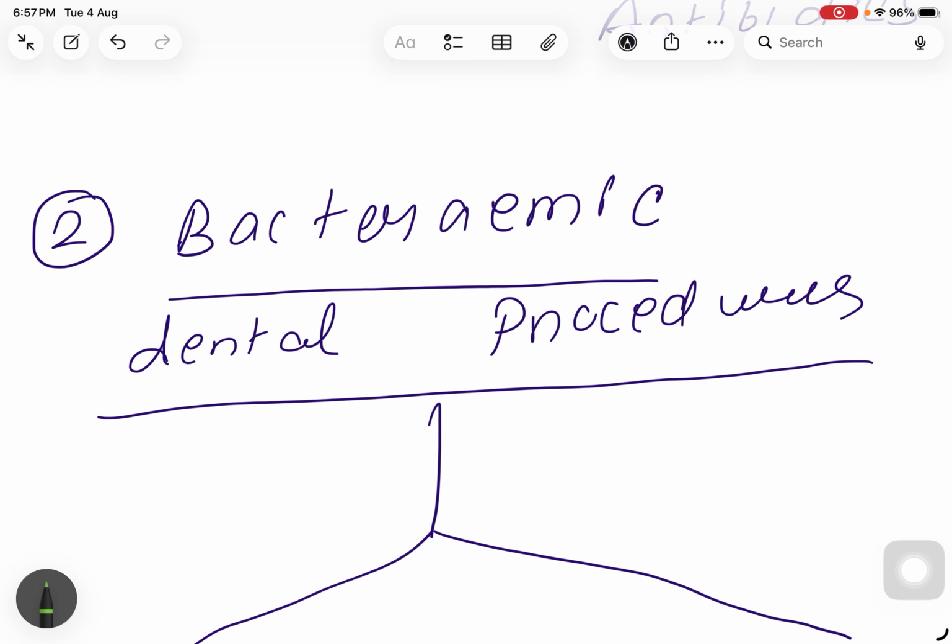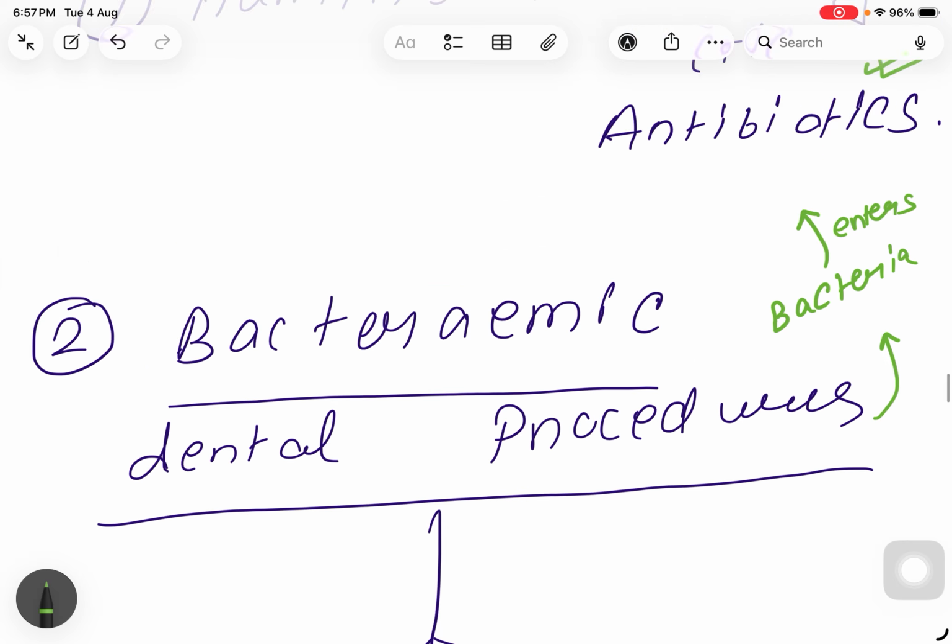Those dental procedures via which the bacteria enters the bloodstream, these are known as bacteremic dental procedures. Bacteria enters the bloodstream, so it will cause bacteremia. So these are the bacteremic dental procedures.